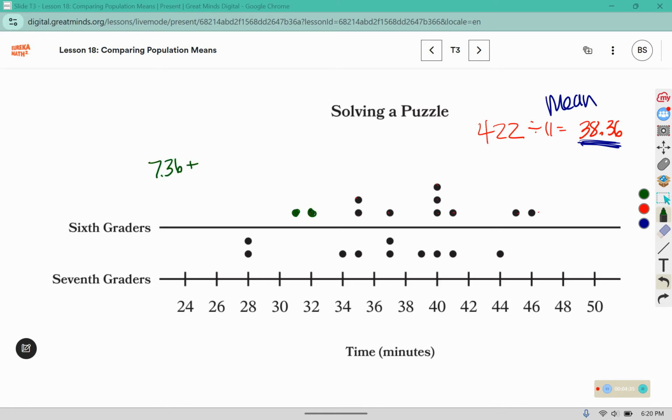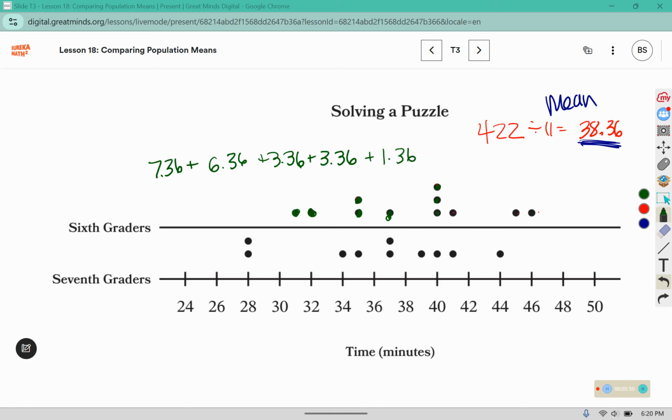Then we'll do the same thing with 32. 38.36 minus 32 is 6.36. 35 subtracted from 38.36 is 3.36. And there are 2 of them. Here we have 37. That would be 1.36 away.